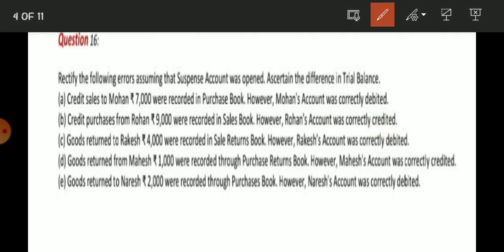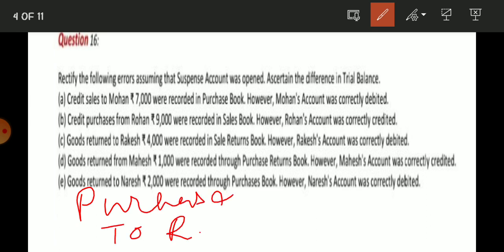You had to make the correct entry, that is purchase account to Rohan. This is the correct entry, and you made it in the sales book. So what will be the entry?